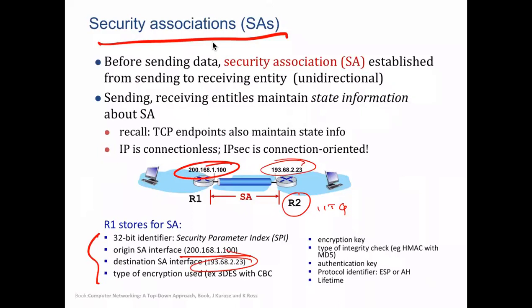Okay, what kind of encryption to be used? For example, DES with CBC. What is the encryption key? Whether it is HMAC, what kind of integrity check, what is authentication key, and what kind of protocol you're using, whether ESP, what is the lifetime, and so on, right?